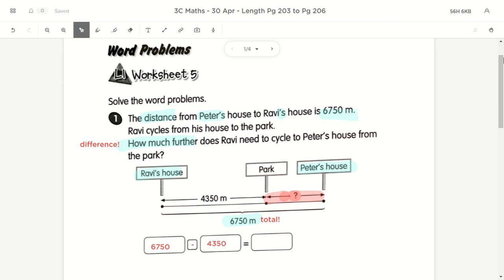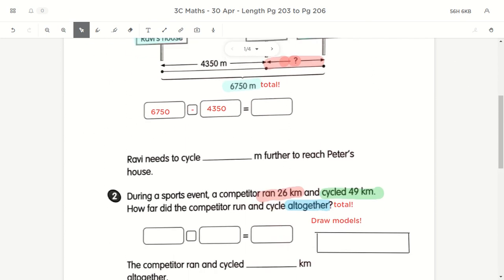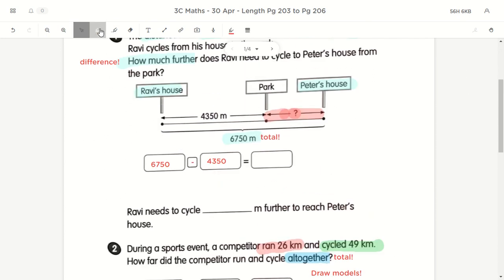Okay, let's work it out. So I have 6,750 minus away 4,350. This part should be quite straightforward. So the answer is 2,400 meters.